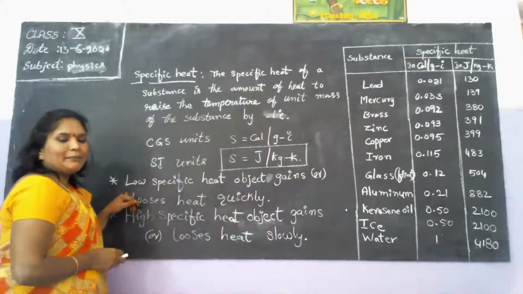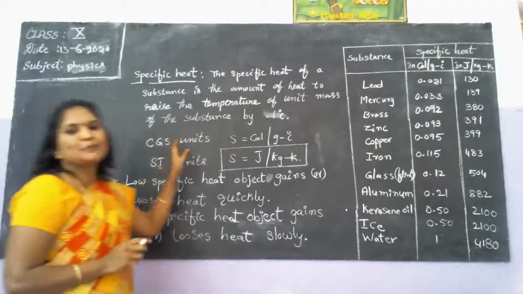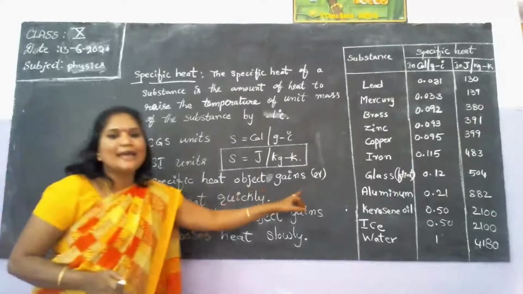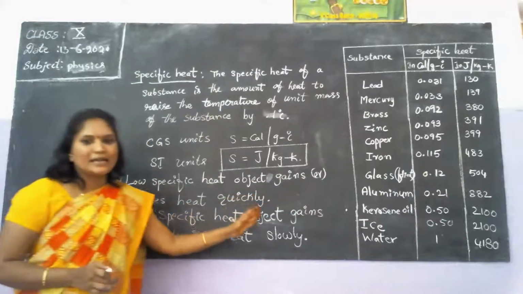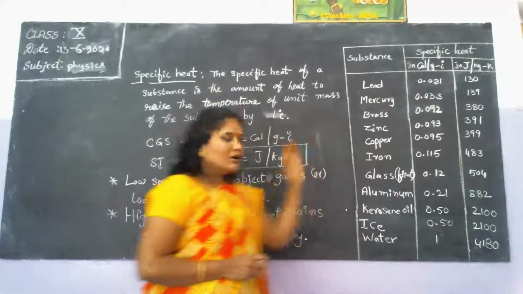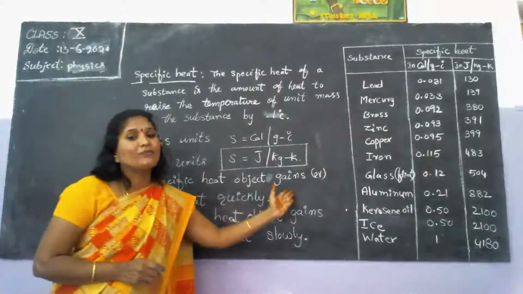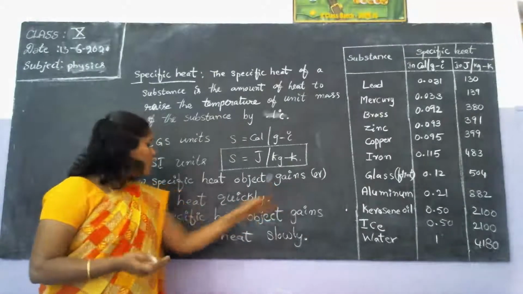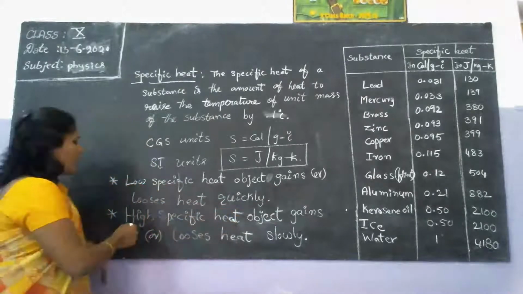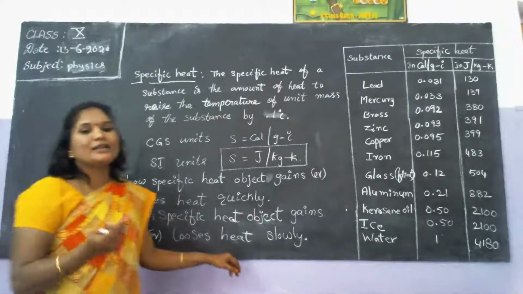You can note two very important points for conceptual understanding of specific heat. A low specific heat object gains or loses heat quickly. That means lead and mercury, being low specific heat substances, gain or lose heat very quickly. A high specific heat object gains or loses heat very slowly.